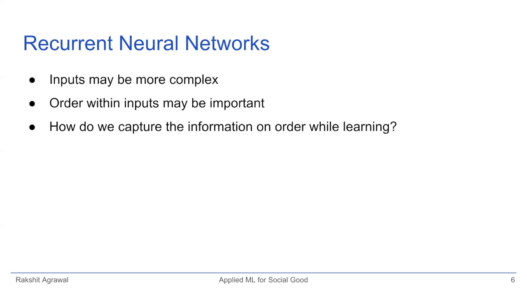If I just jumble the words around, the meaning will change completely, and that information is important, but it is not sent to the model easily if you just flatten things. A normal neural net just takes a flat vector.